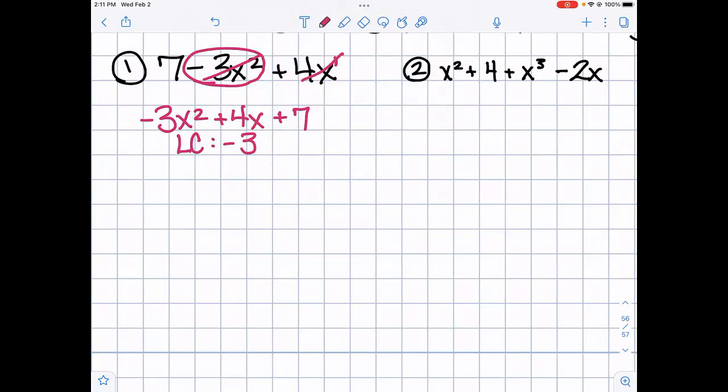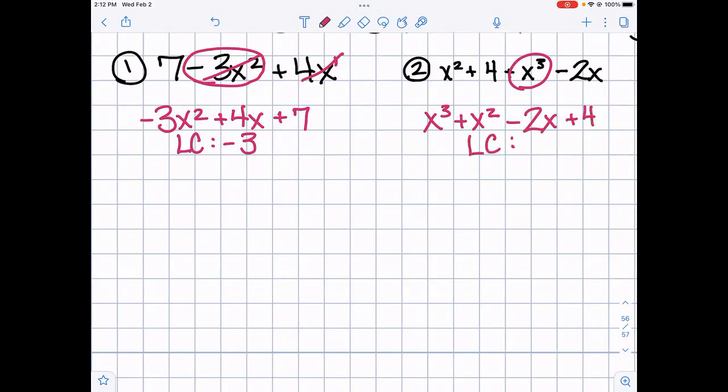What term has the highest exponent, people? x to the 3rd. What's next? Plus x squared. What's next? What's last? Beautiful.